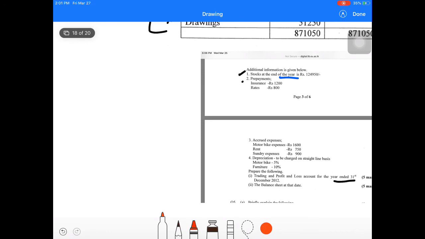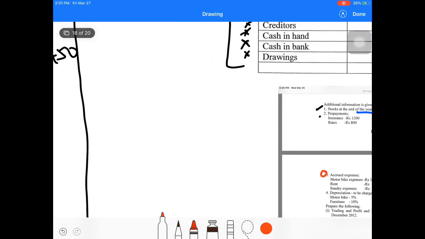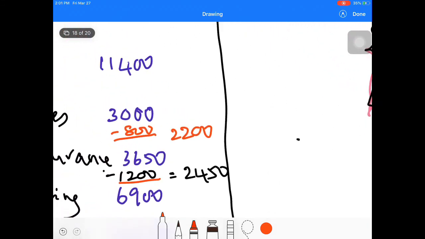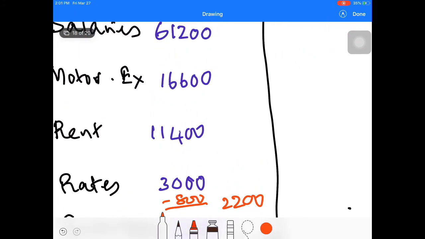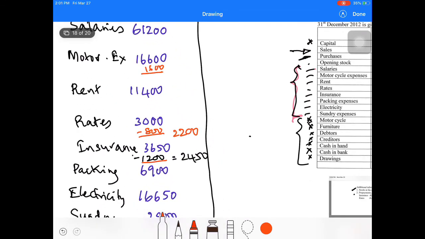Likewise, we have obtained the service or good but we have not paid. So it is accrued. Accrued expenses we should add, right? So here motorbike expense is 1,600. We should add 1,600 for this motorbike expense, and it will be 18,200.